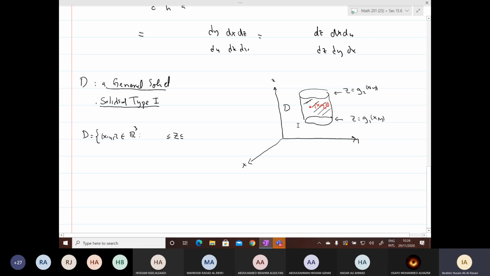I take a line parallel to the Z-axis, a vertical line, and you enter the solid through this point and leave it through this point. What are the coordinates of this point on the upper surface? X, Y is the same because you are on the same line. What about Z on the upper surface? To find Z, I substitute in G2, so it will be G2 of X, Y.